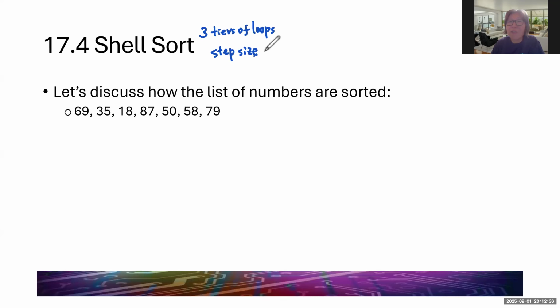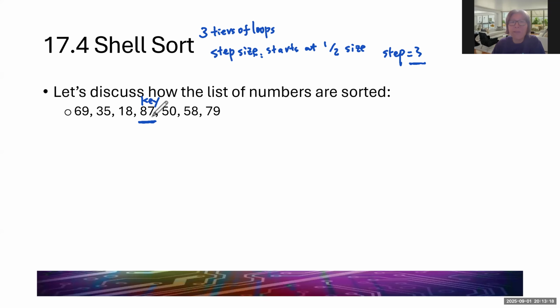The step size starts at half of the size of your list. In this case, we have 7, so the step size is set as 3. Because of this step size 3, the first key element is step size away, so 3 away. So 87, the middle one, will be the key element. So this is the key.